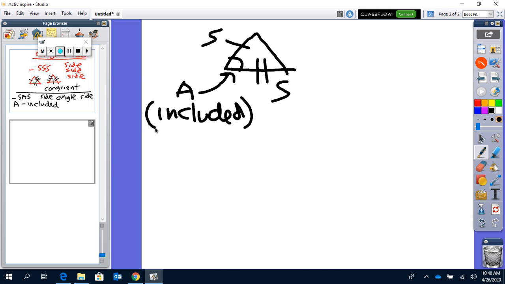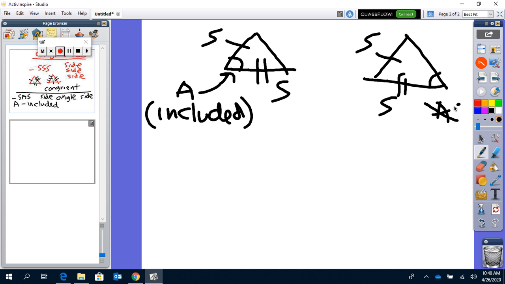That means it's between the sides. So, for example, in this triangle, we have two sides, SS, but we do not have A because this angle is not included between the two sides. Not included, so it doesn't really help us.